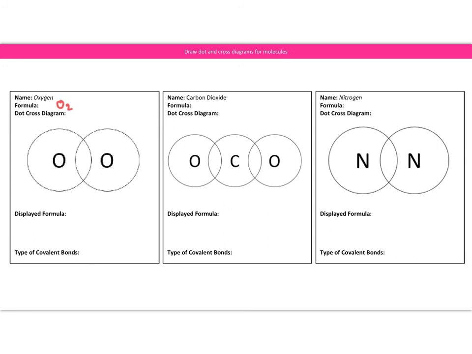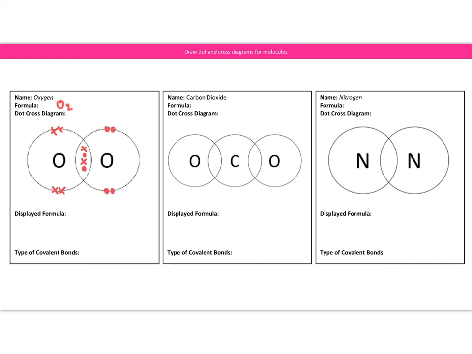There is only 1 overlap, so both of them must go in that overlap. And then let crosses be the electrons for the left-hand oxygen. So I've drawn 2 crosses, but oxygen is in group 6, so I should have 6 crosses in total. So I've got to add another 4, and they can't be in the overlap. And obviously the same with the dots to the one on the right.